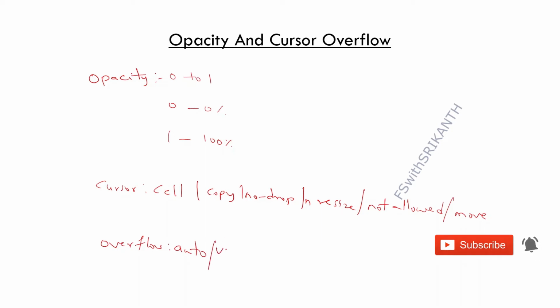Then there is visible, and there is hidden. What hidden does is, when the element content goes over the width and height, the content beyond the width and height is not visible. Visible means the overflow shows the entire content. The next one is scroll. So we will check all these properties with a real-time example.